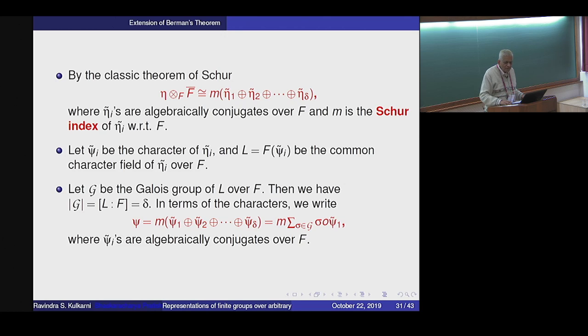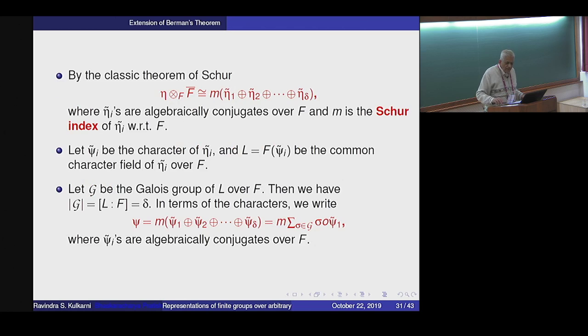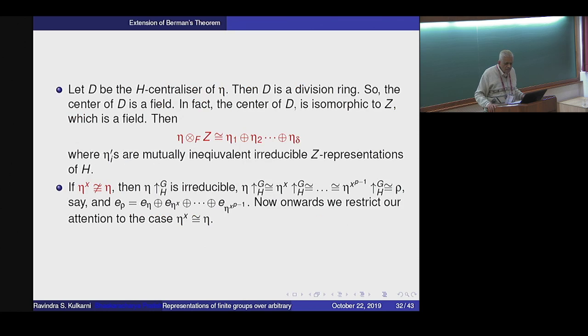Then the order of G is equal to delta. And in terms of character, we can write psi as the sum over these algebraically conjugate representations. And let D be the H-centraliser of eta, then D is a division ring.